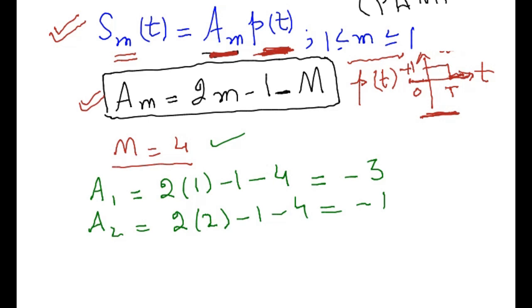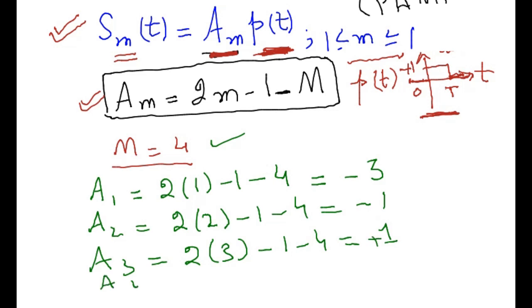Similarly, your A3 is 2 times 3 minus 1 minus 4, so this is plus 1. And if you find A4, it would be plus 3. So these are the four amplitude levels, and you represent your signal in this form.